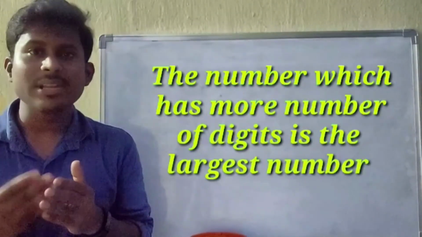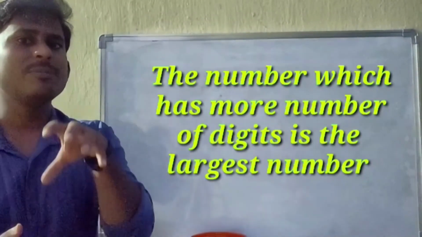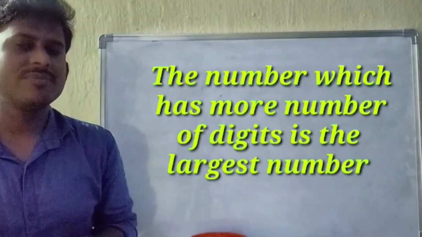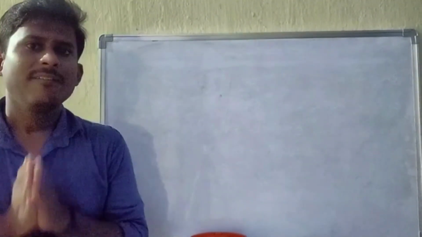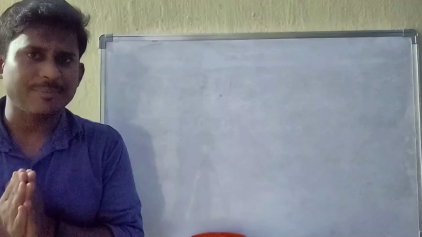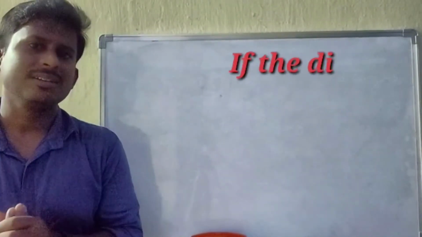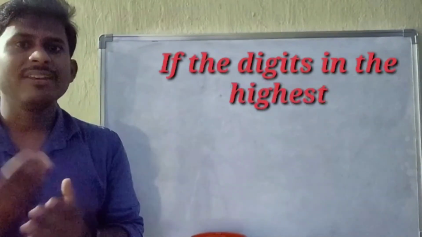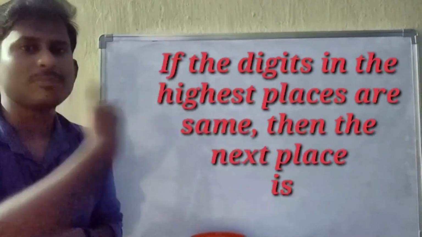So basing on the number of digits we can say that more digits means the greater number, fewer digits means the smaller number. One more question. When the highest place is the same while comparing the numbers, then what will you do? You will compare with the next place.